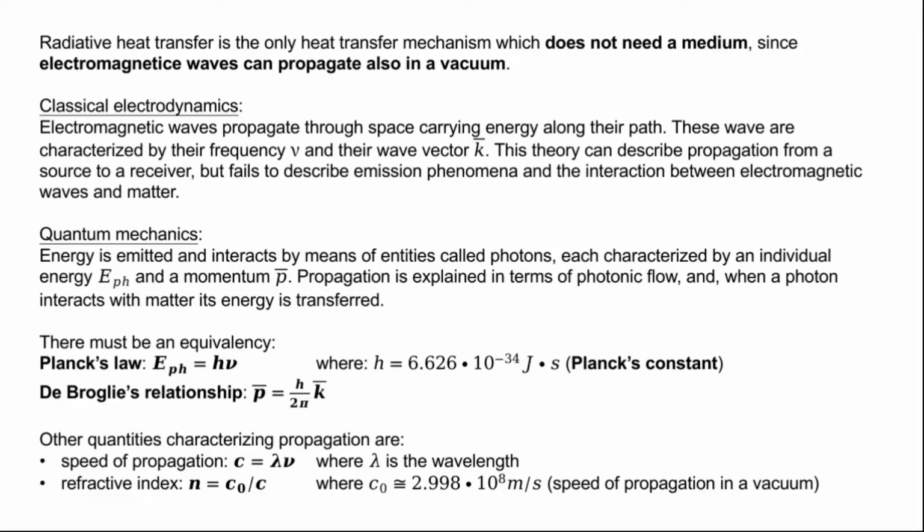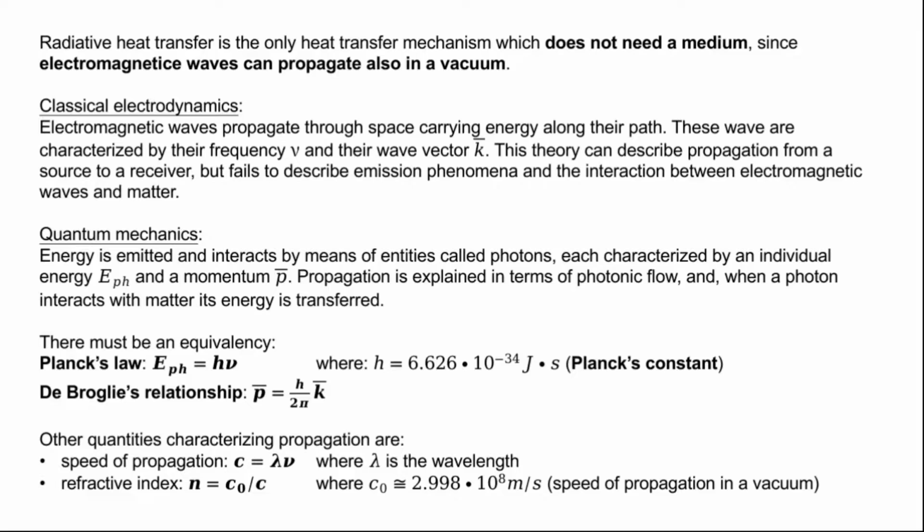Of course, for both the theories to be accurate, there must exist equivalency relationships between these two theories. These relationships are Planck's law and de Broglie's relationship. Planck's law states that a photon energy is proportional to its wave frequency by a factor h, which is the Planck's constant. De Broglie's relationship states that the momentum vector has the same direction of the wave vector, and its intensity is proportional to the intensity of the wave vector by a factor h over 2 pi.